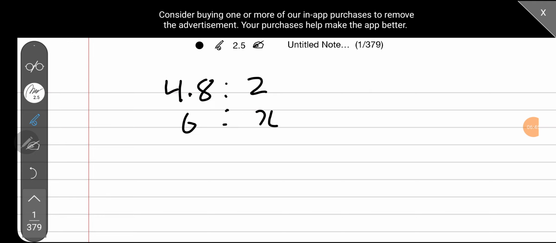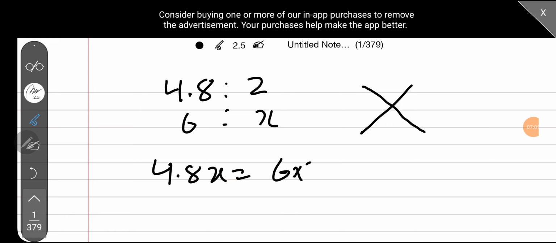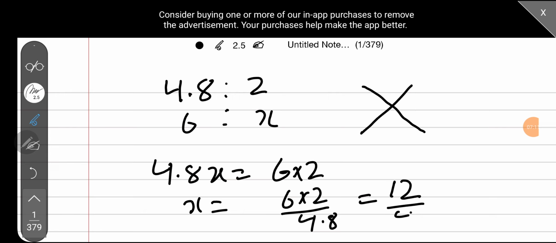So in this case we will just multiply this like this. We will multiply with x2. Now which is 12. So x is equal to 2.5.